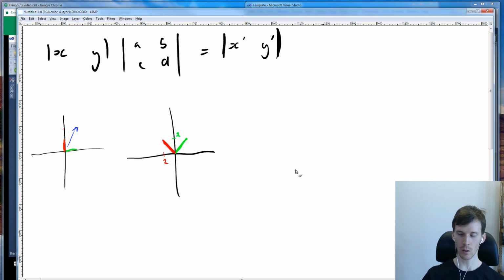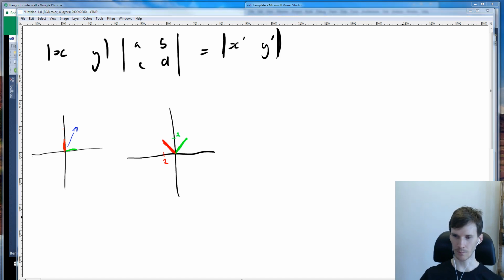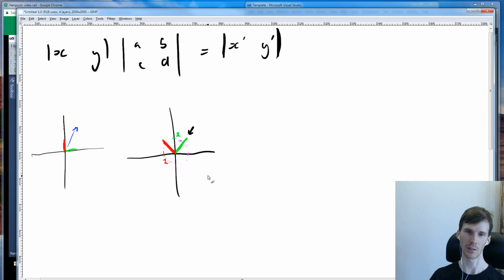If you recall from when we were talking about trigonometry, if we start at 1 here and we draw the unit circle, just for the ease of calculation we've made these slightly longer than the unit circle. So it's not a pure rotation, it's also scaled up a bit, just to make the maths easy.